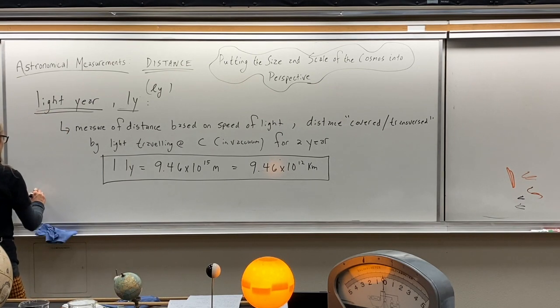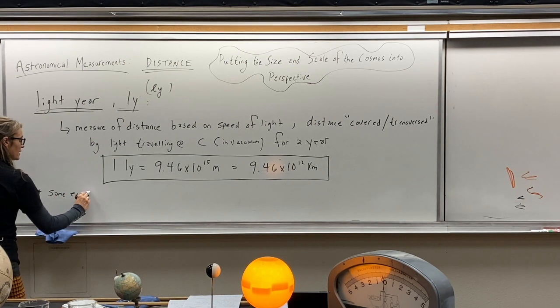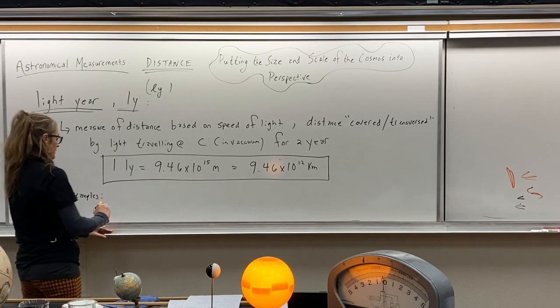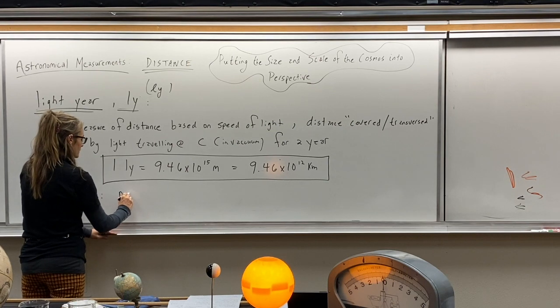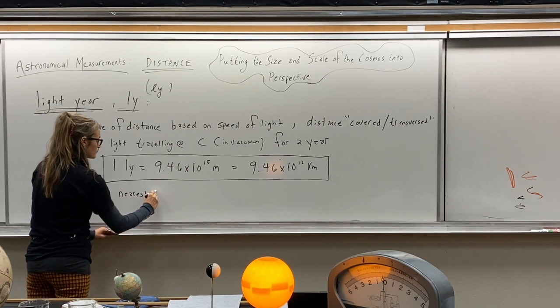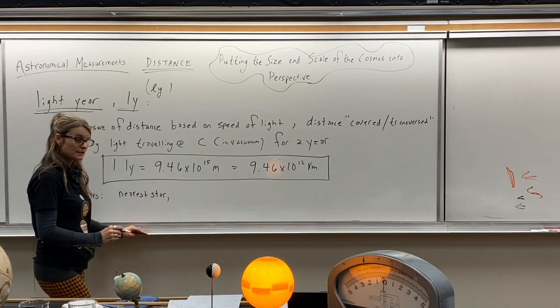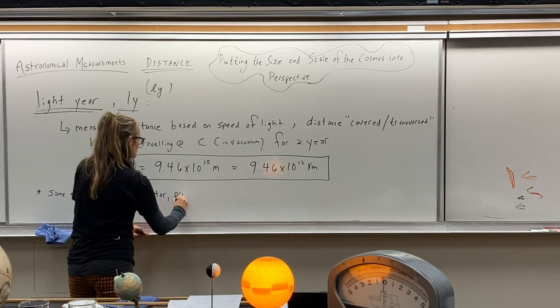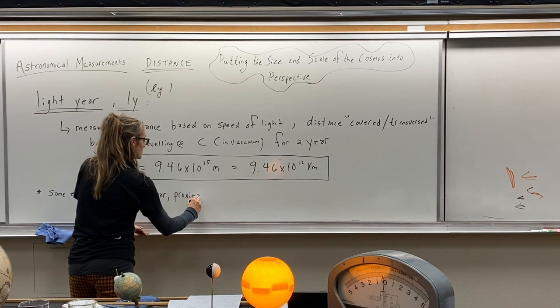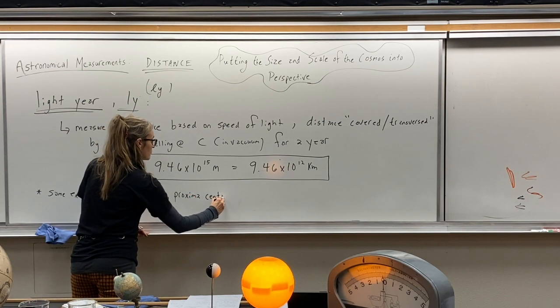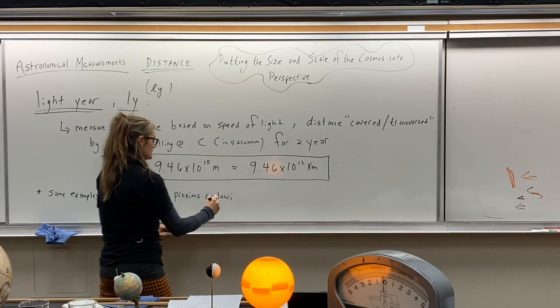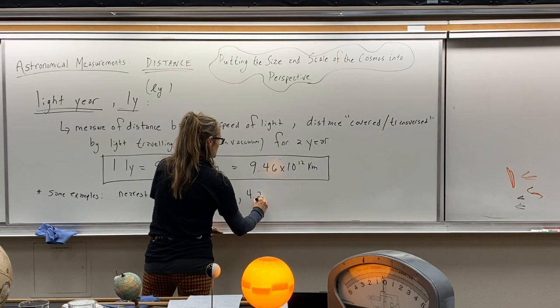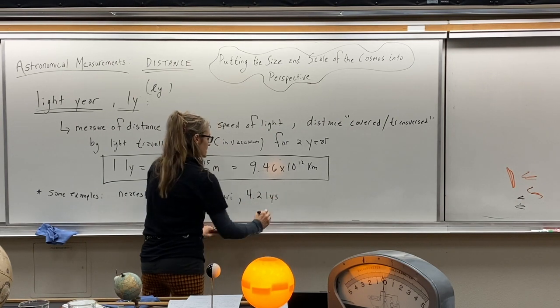So some examples of measures in light years would be the nearest star, Proxima Centauri, which is 4.2 light years away, approximately.